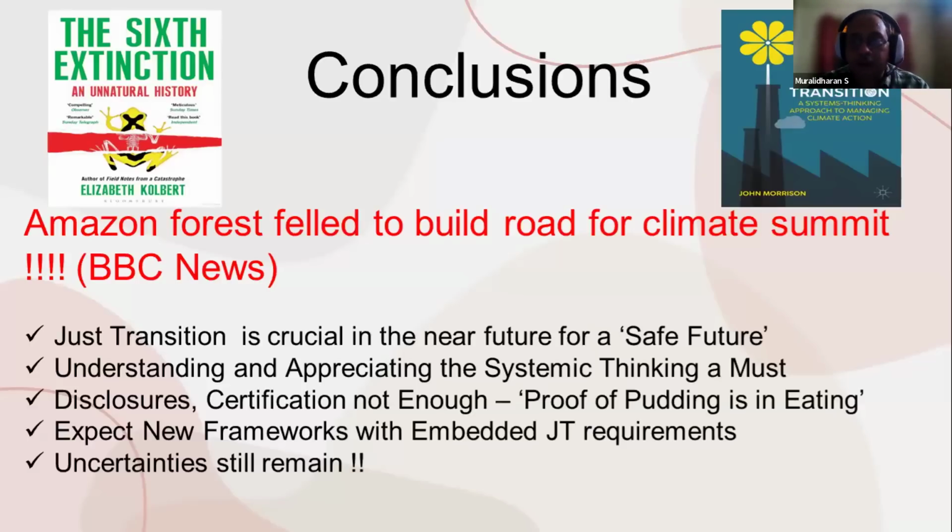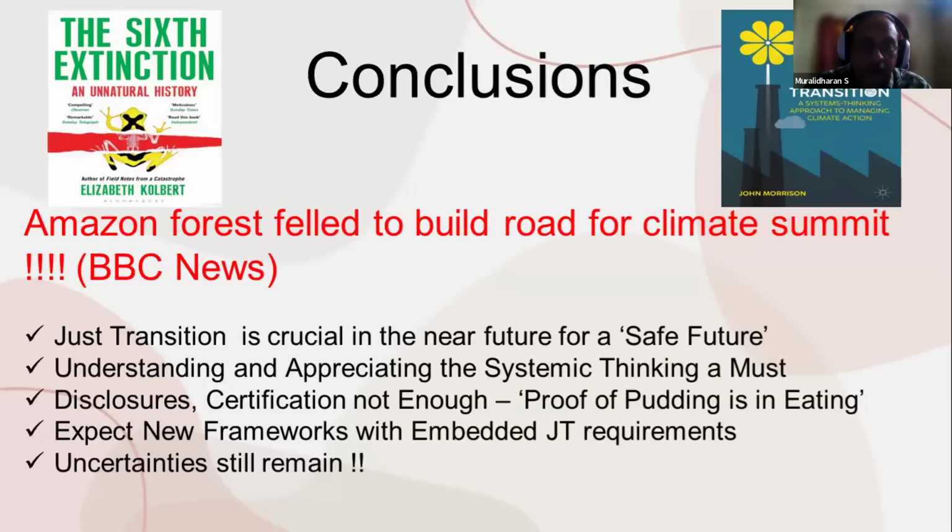And if there is fake news, that creates a lot of impact when it comes to the just transition part of it. So when we talk of just transition, it is crucial for a safe future. Understanding and appreciating systems thinking is a must. Disclosure and certification are not enough. What we are doing now, scope 1, scope 2, all these things are fine. You can declare that, but the proof of the pudding is to see whether it enables just transition.